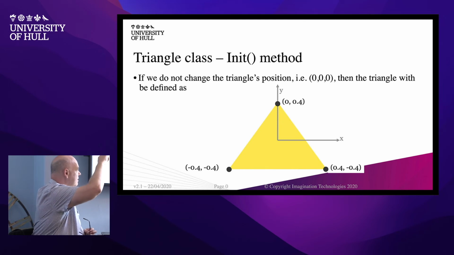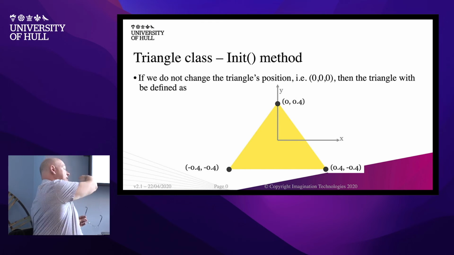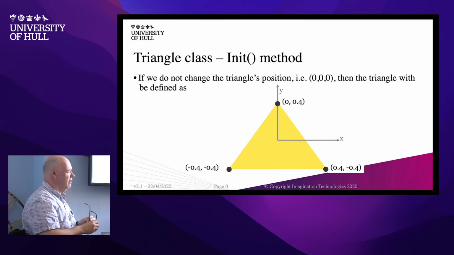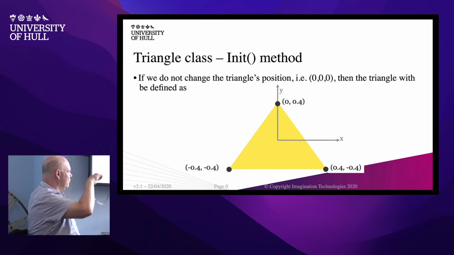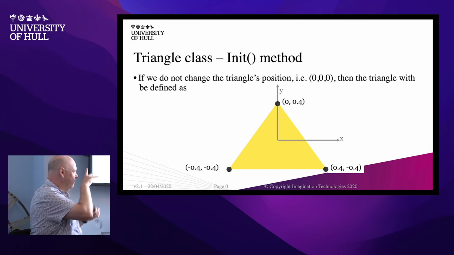If I did it in a clockwise manner, the front face would actually be facing away from us. So when you switch on hidden surface removal, and suddenly half your triangles disappear, it's because you've probably defined some of them in the wrong winding order.